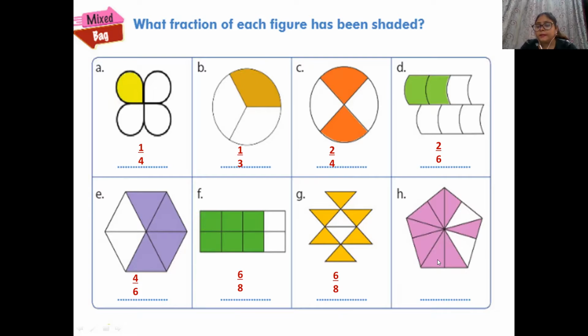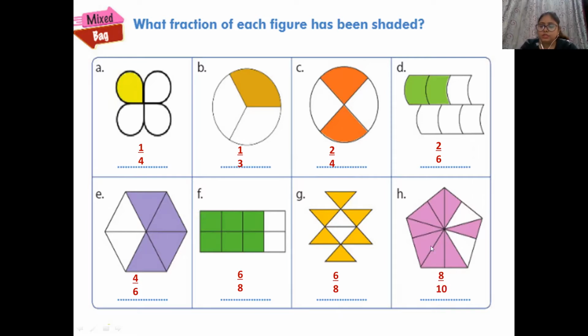Here how many parts are there? 1, 2, 3, 4, 5, 6, 7, 8, 9, 10. Total parts will be 10. How many parts are shaded? Count 1, 2, 3, 4, 5, 6, 7, 8. So the fraction will be 8 by 10.